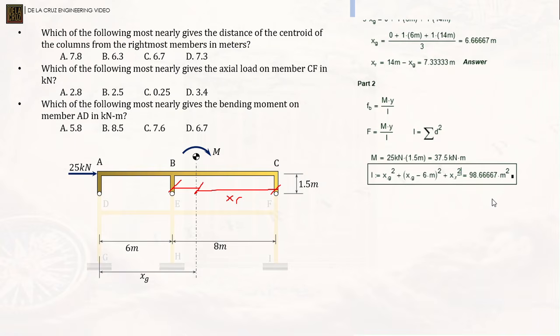And we have here that value, 98.67 square meters approximately. Again, it is in square meters because in this formula we already multiplied it by the area.